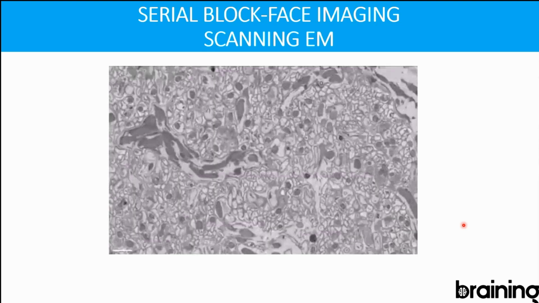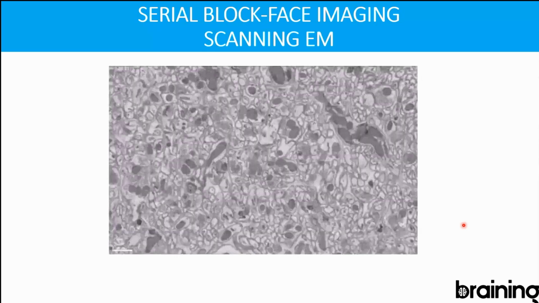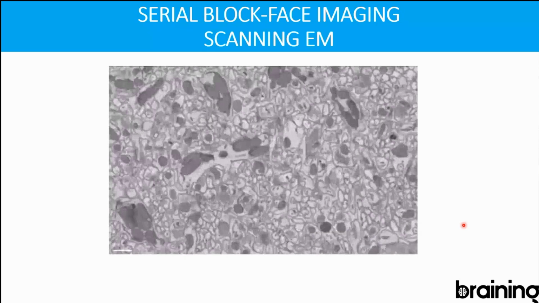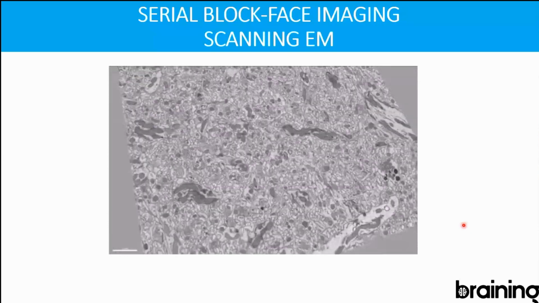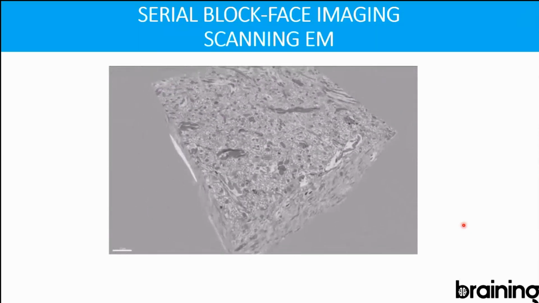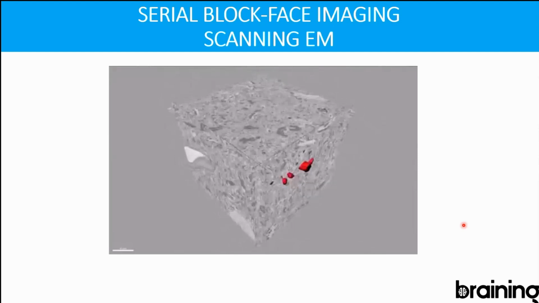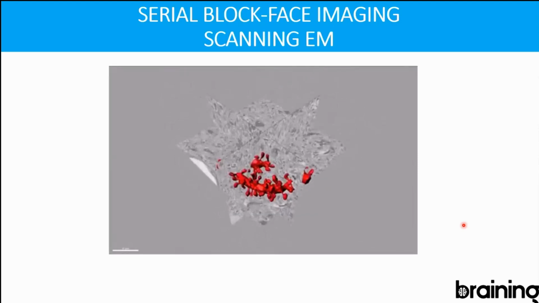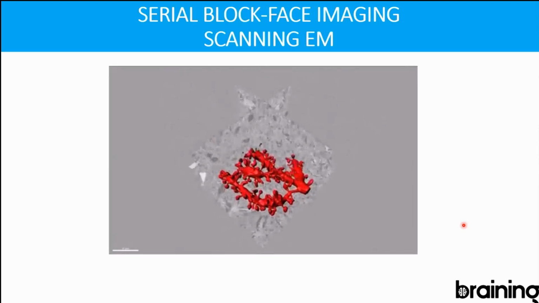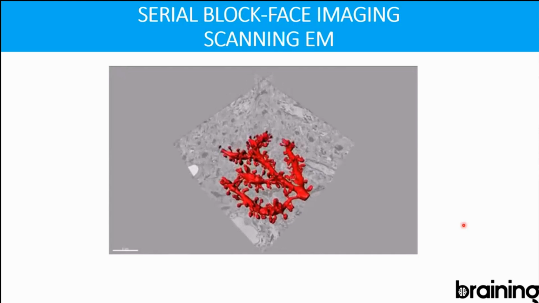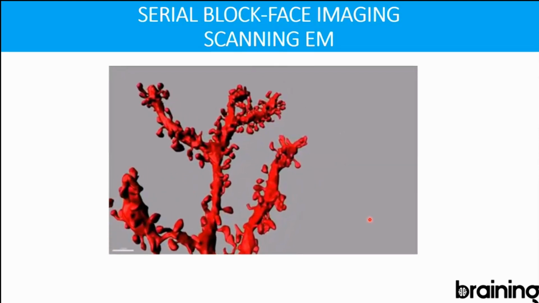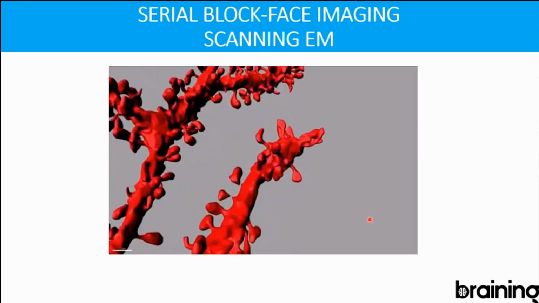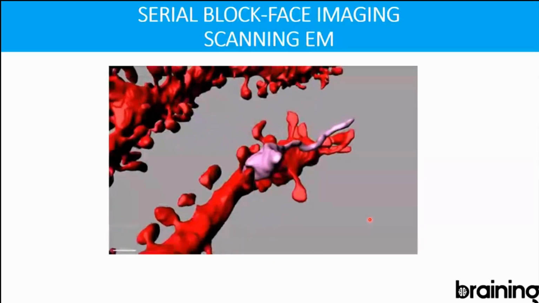This is a movie, a 3D reconstruction of all the serial sections that have gone through. The resolution is not as good as with the transmission electron microscope, but this one has more advantages if you want to check an entire block, for example to do a reconstruction of synapses or, like here, dendrites or things like that.